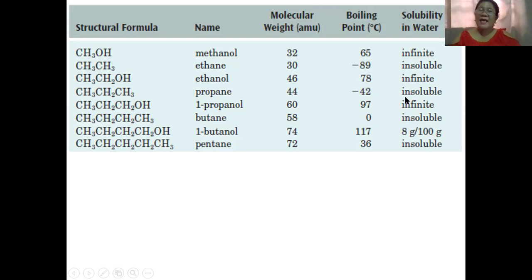Why? Nga naman, kani walay OH, di ba? So meaning this could not form into a hydrogen bonding. Okay. Then we have one propanol, 60 molecular weight, 97 ang iyang boiling point. Then, infinite pagyapon ang iyang solubility in water.